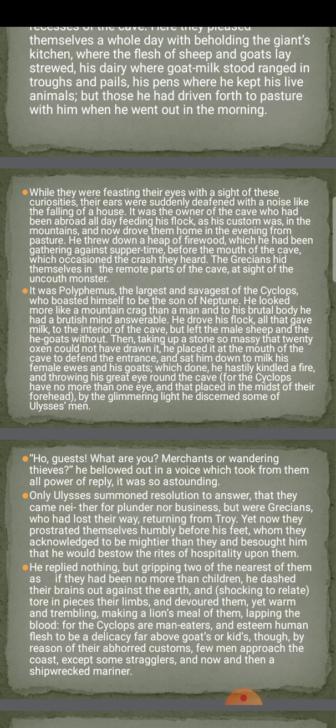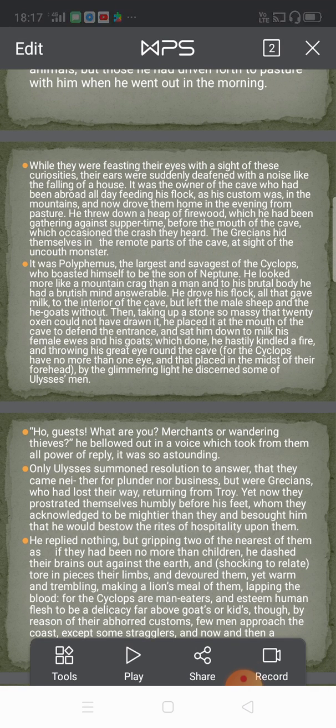He bellowed out in a voice which took from them all power to reply. It was so astounding. Only Ulysses summoned resolution to answer that they came neither for plunder nor business, but were Grecians, means they are from Greek, who had lost their way returning from Troy.